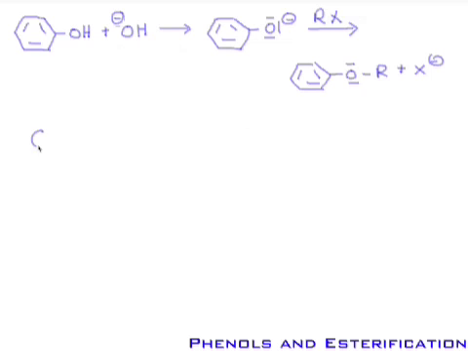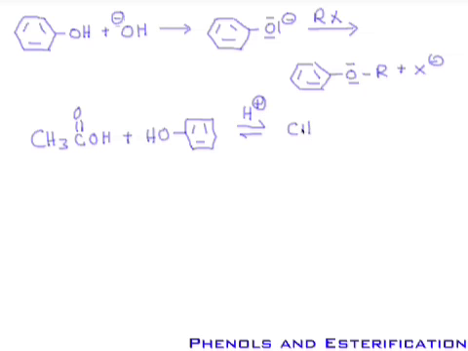We can react phenol with carboxylic acids. We learned in the alcohol section that if you take a phenol or any alcohol in equilibrium, in the presence of acid, you will lose water and produce phenyl ethanoate, an ester.